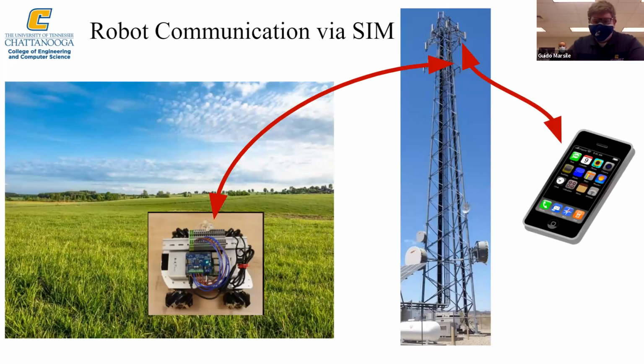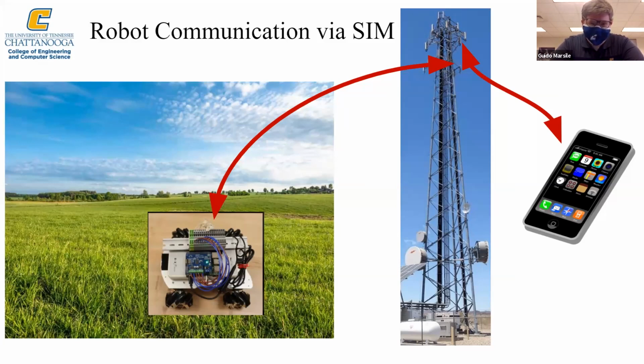So this is pretty much a very basic model of a potential future project with SIM card communication. We were not able to accomplish this goal due to quite a few difficulties and a lot of lack of experience.